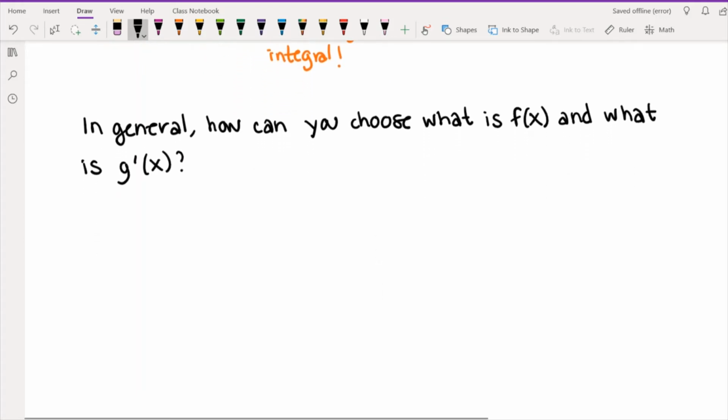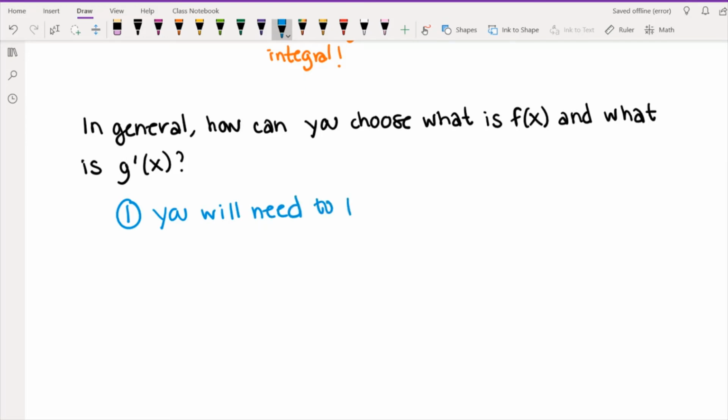Well, a couple of things. One thing to keep in mind is that you're going to need to take the antiderivative of whatever you choose to be g prime of x. So you will need to take the antiderivative of g prime of x.